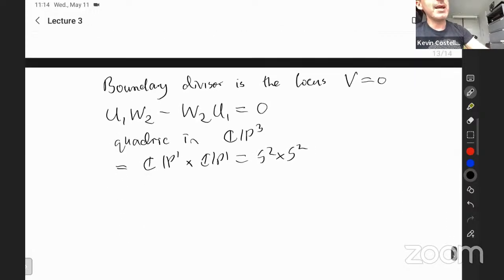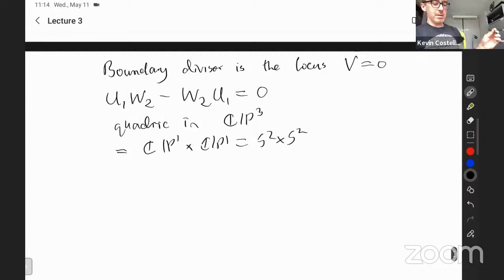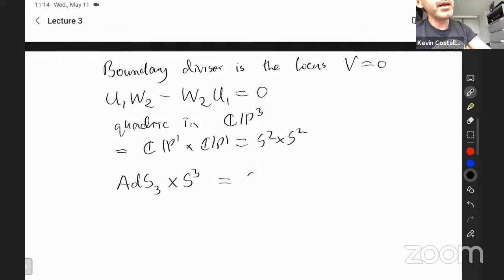So the boundary looks like S2 times S2. Now, how should we think of this? Well, ADS3 times S3 is SL2C.